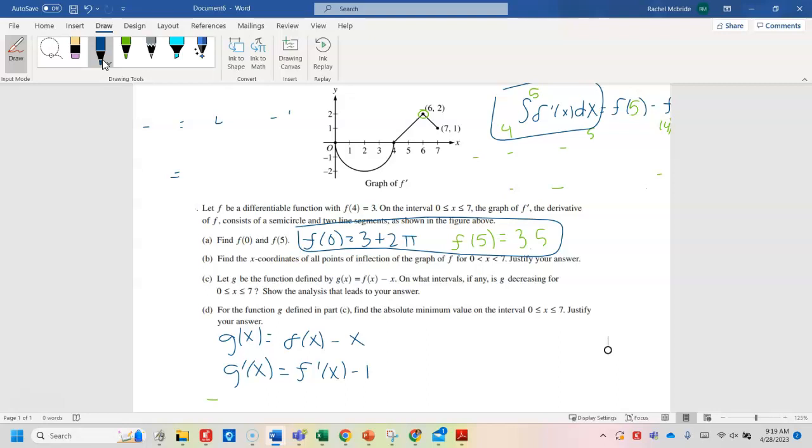So essentially, it makes that your new x-axis. So instead of looking for a negative below the x-axis, we're looking for the negatives below y equals 1. So g will be decreasing from 0 to 5.